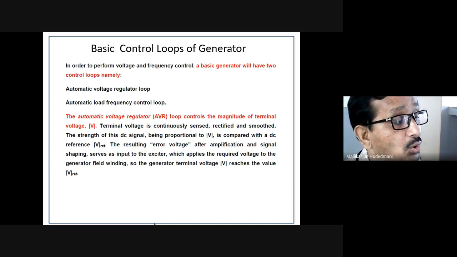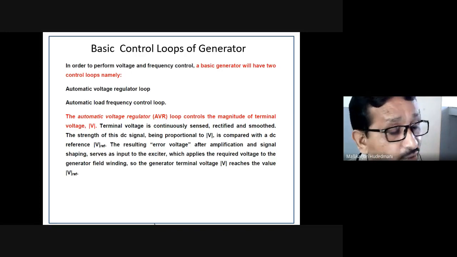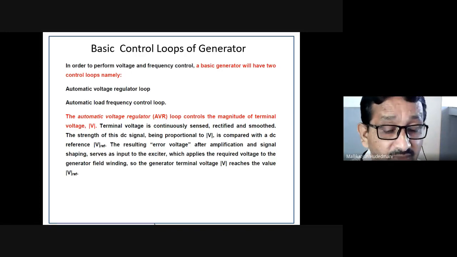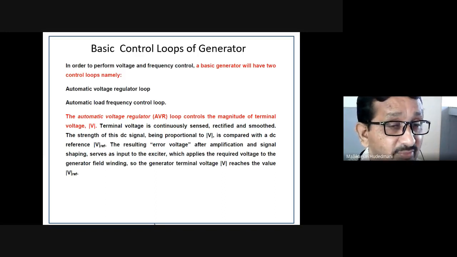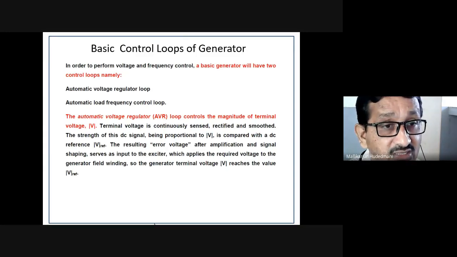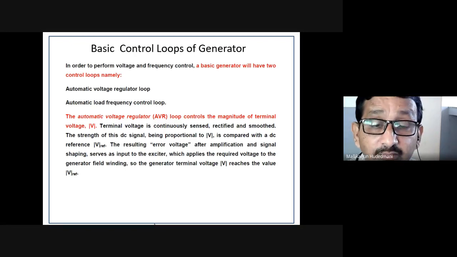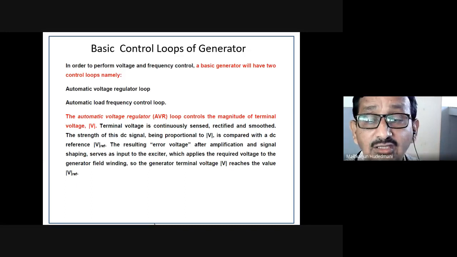The other control loop of a generator is automatic load frequency control. The keyword itself is very distinctive: automatic load frequency. As we are very much aware, any active power mismatch in the power system is reflected as a deviation in the frequency, because there is a strong interdependency of active power with the frequency. If active power is deficient, then its impact will be on the frequency.